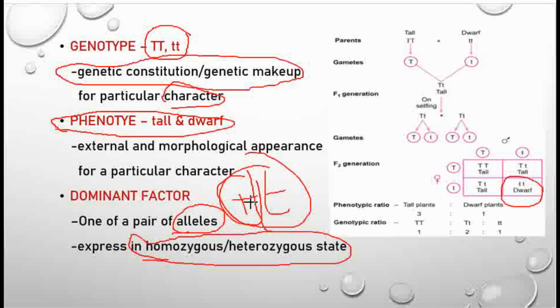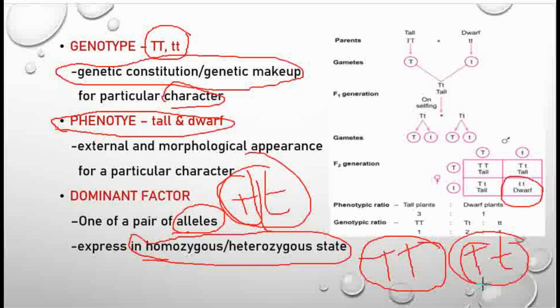So here the capital T is dominant, because when capital T is there it is expressed, and in this combination also only the capital T is expressed. Because in the capital T small t combination also, the plant was only tall when he made the cross. The small t was not expressed, that is, the plant was not dwarf.